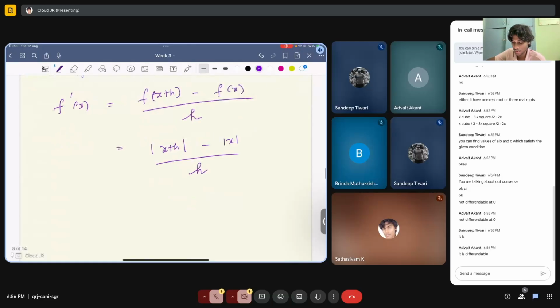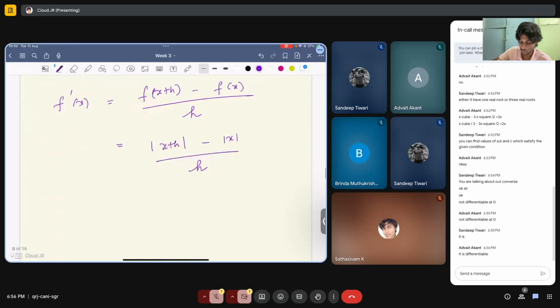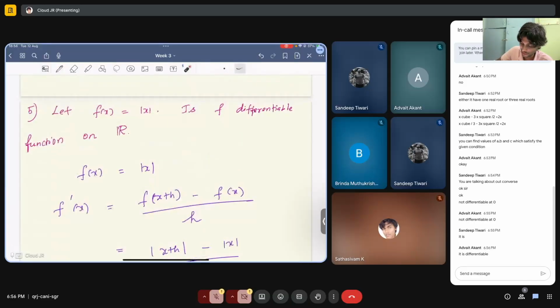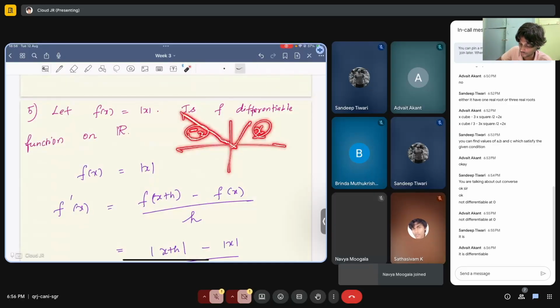Right, so this much is okay. Now how do you proceed? One way to do it is you just write the function here. Here it is just minus x, and here it is just x, and these functions are differentiable. At all these points the function is differentiable. The only point is zero, right? That is one way to do it.